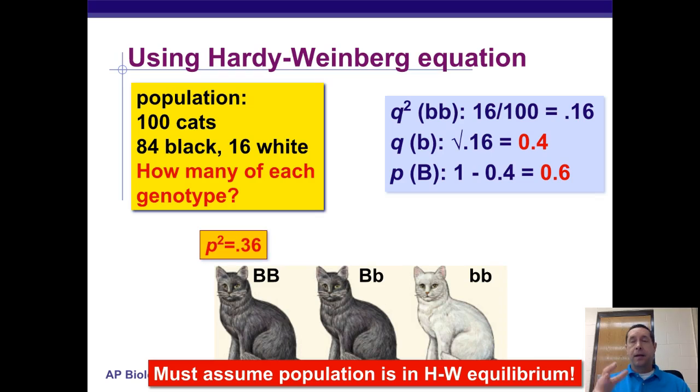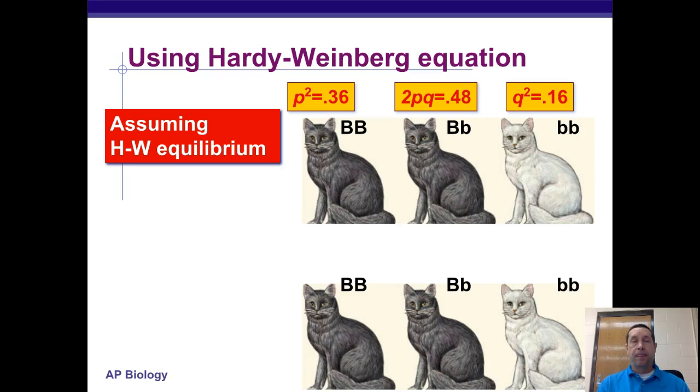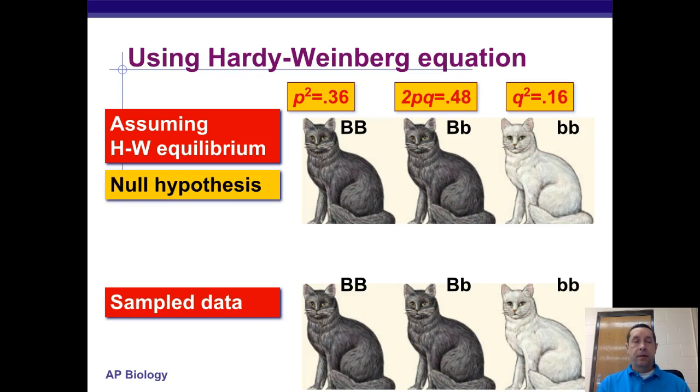So if we take our p and q values and plug them into the second equation, p squared is 0.36, 2pq is 0.48, and q squared is 0.16. So the null hypothesis would be that there's not going to be any change.